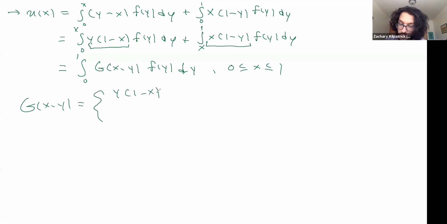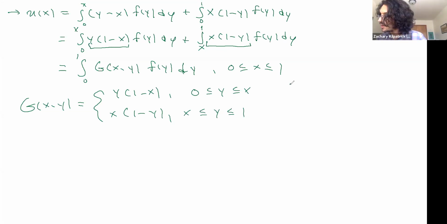And then we'll take a pause. When y is from 0 to x, then we have y times (1 minus x). When y is from x to 1, okay, then I get x times (1 minus y).